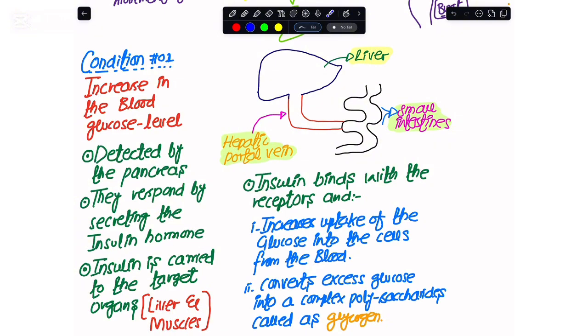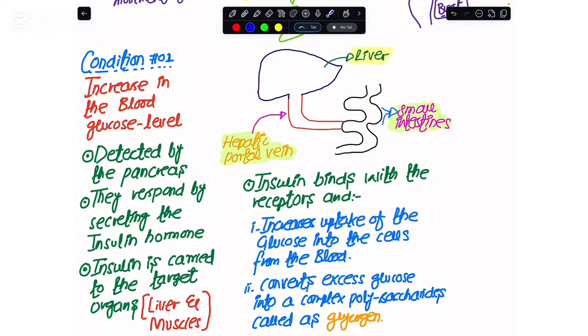Once insulin has bound with the receptors in the cells of the liver and muscles, it brings about a change to the glucose molecules, and the blood glucose level falls. Insulin causes an increased uptake of glucose from the blood plasma into the cells of the liver and the muscles.